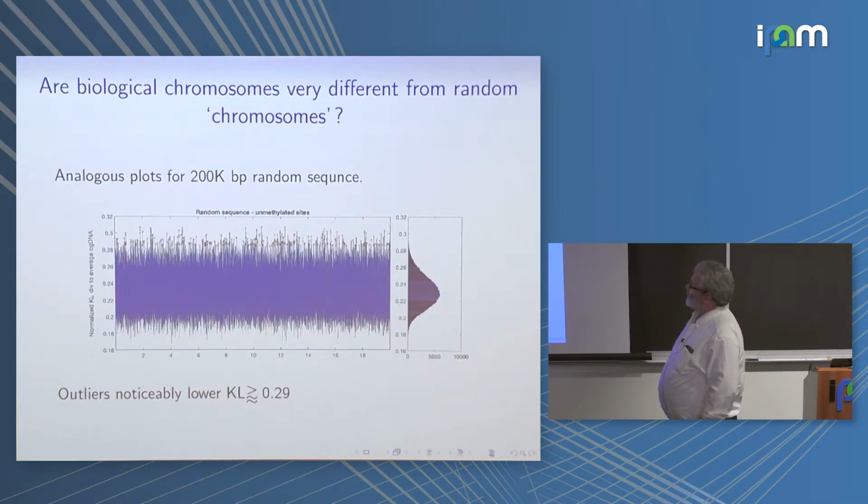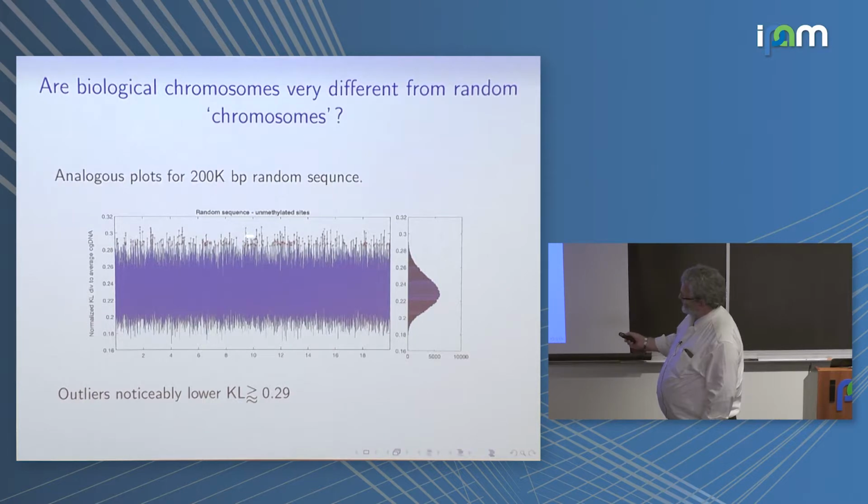So that's quite remarkable. So then you can ask, okay, are biological chromosomes very different from random chromosomes? So then we can just make up a random sequence with a quarter, a quarter, a quarter. And again, it sort of looks the same, and you have a fairly nice one-dimensional normal distribution. The outliers now, it's 0.29 instead of 0.33, so it's lower.